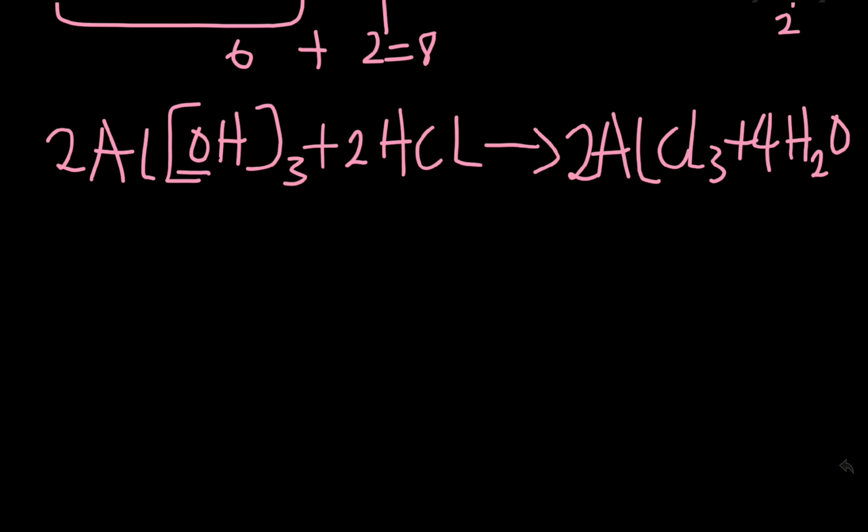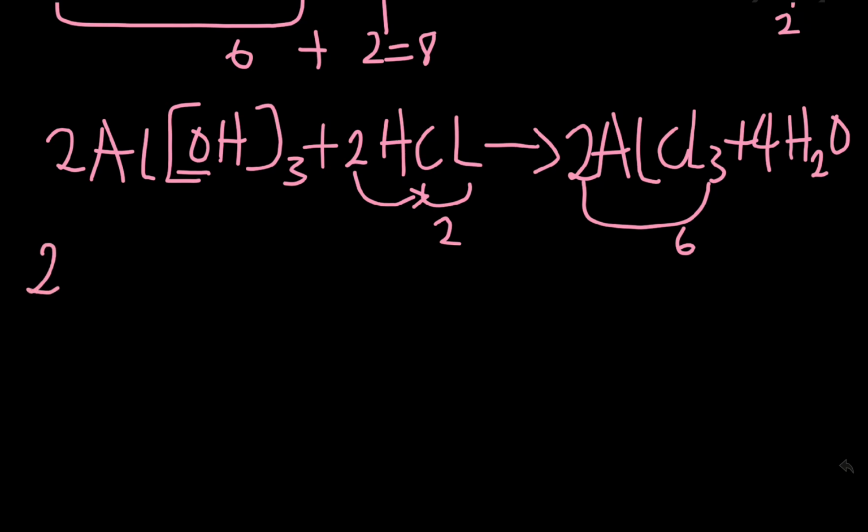We have 3 chlorine here. Chlorine here is 6, 2 times 3. So chlorine is 6. On this side, our chlorine is actually 2, because 2 times 1 will give you 2. So what will I do next now? I'm going to increase the chlorine here to become 6 on the left hand side.